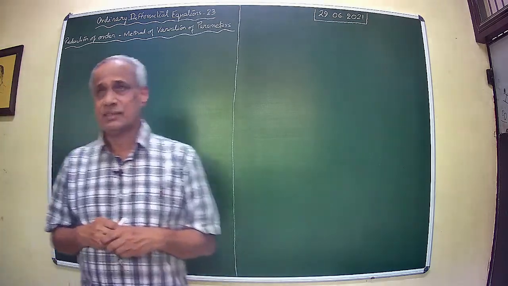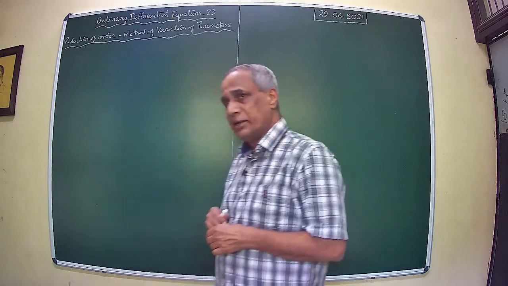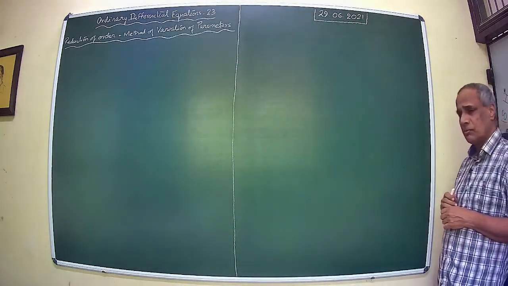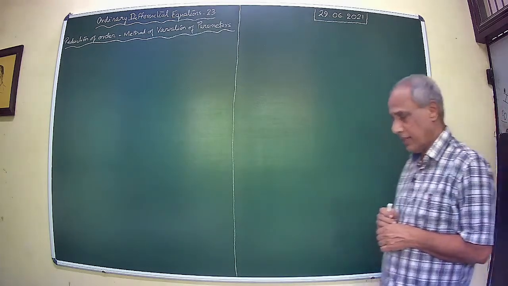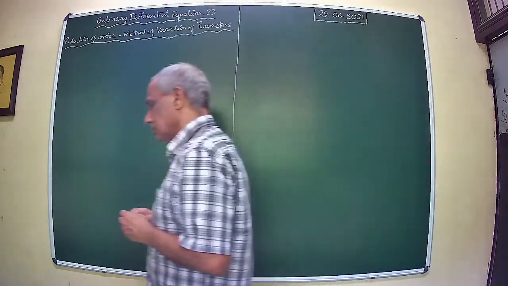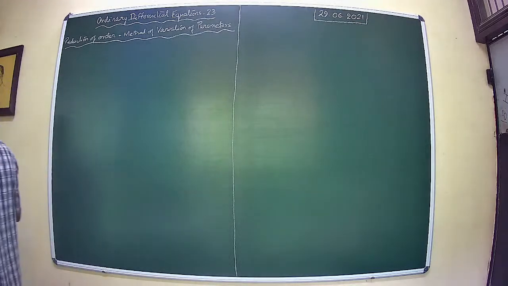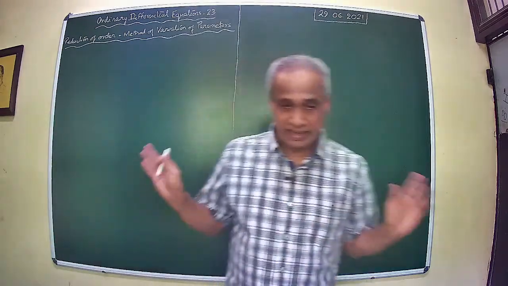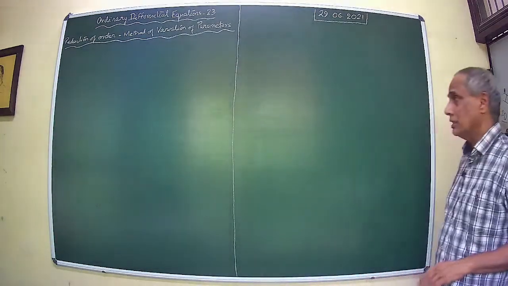We can reduce the problem to solving an n minus kth order differential equation to find the remaining linearly independent vectors which span the solution space. Okay, so that's the problem.